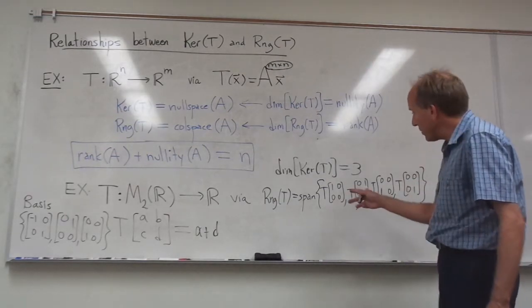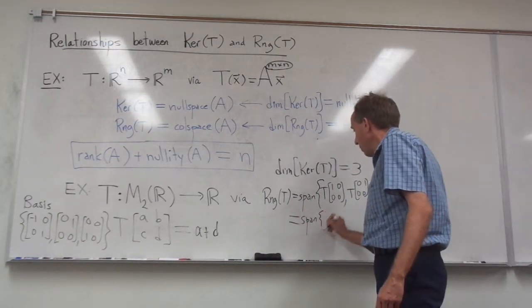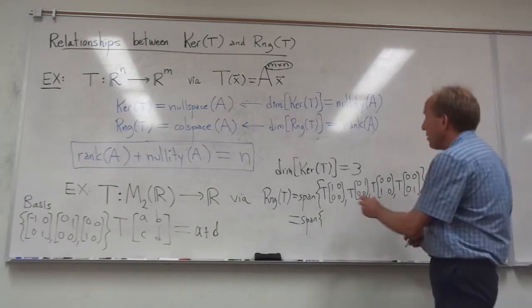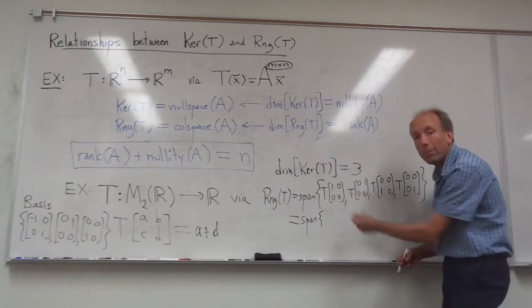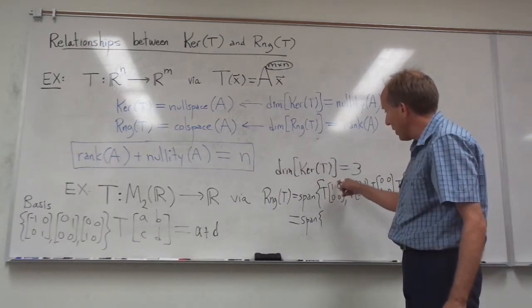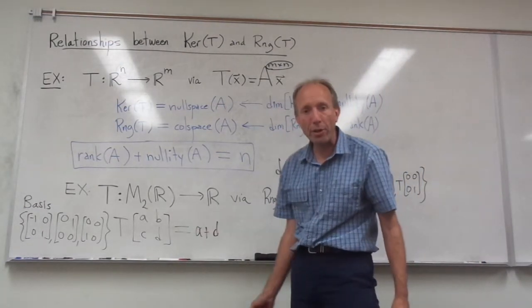So the range of T would be the span of those 4 outputs of the transformation. You can use any basis for M2 of R that you like, but this is probably the easiest one. If we transform 1, 0, 0, 0, remember all this transformation does is add the diagonal numbers.